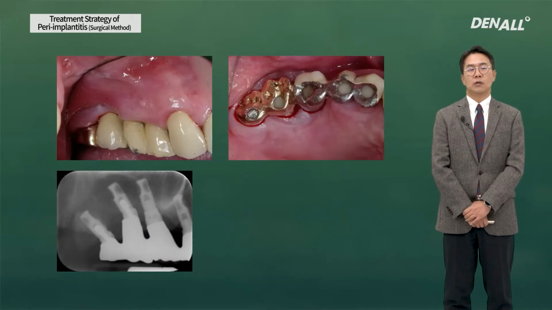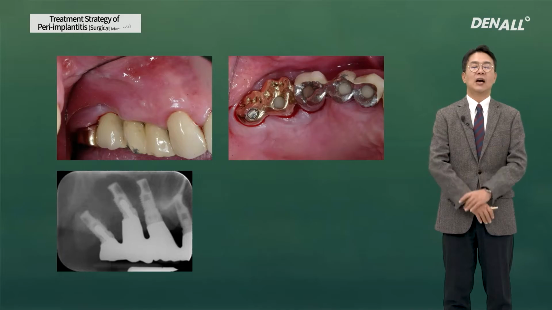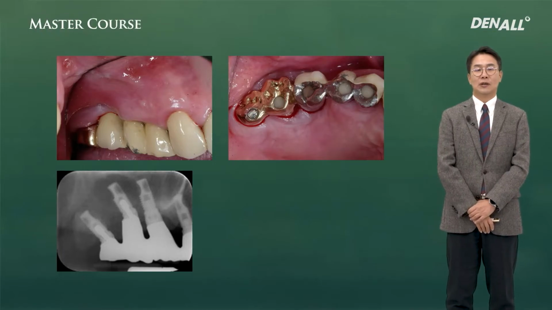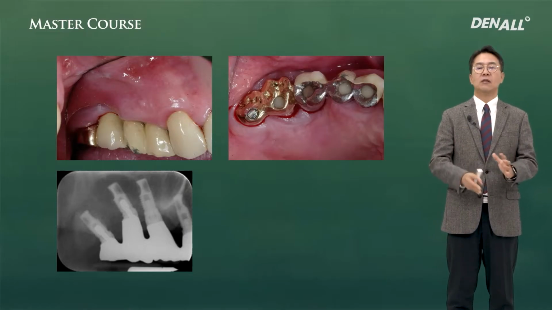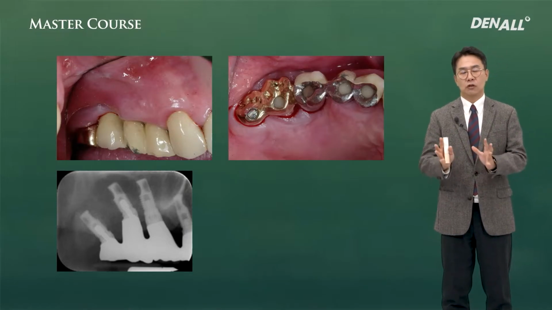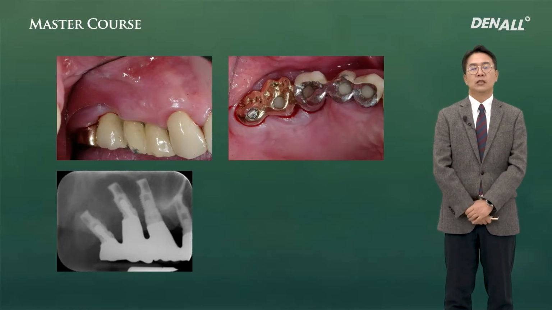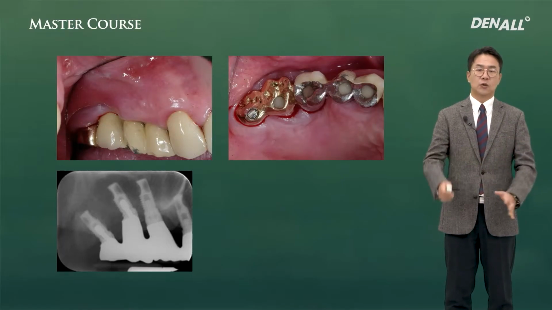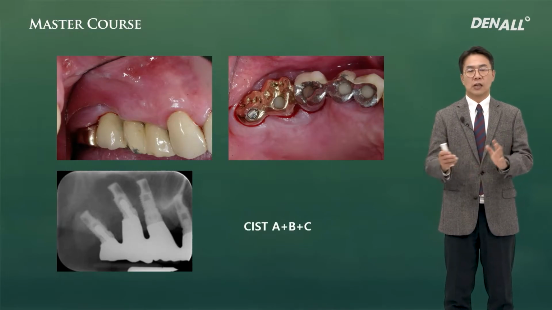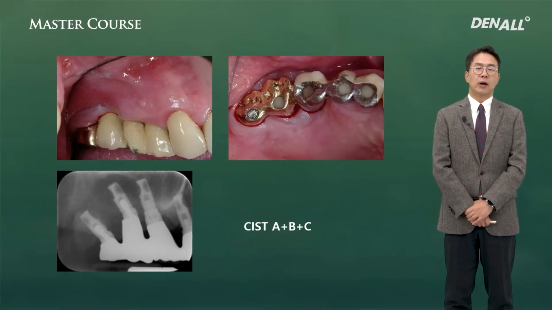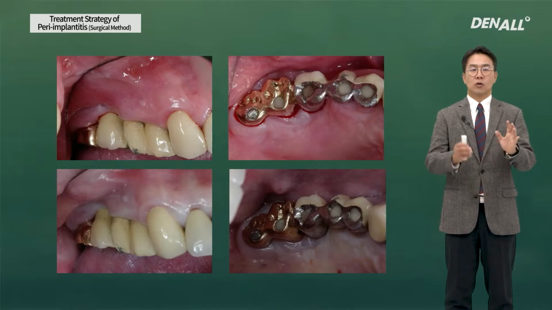Let's look at a case. As you can see, the implant placement itself was not ideal. Prosthodontist did his or her best, but you can see that there's pseudo pocket and soft tissue has thickened significantly. Inflammation has continued to occur. Non-surgical method was used for treatment after that.